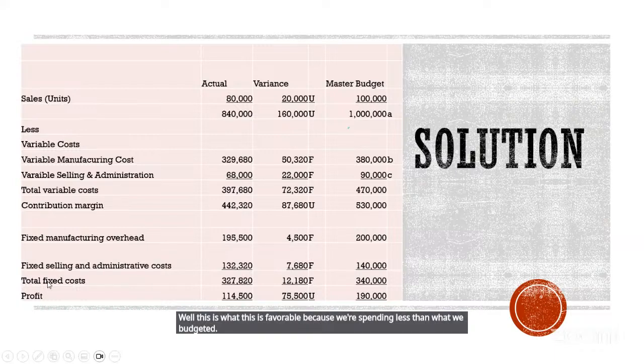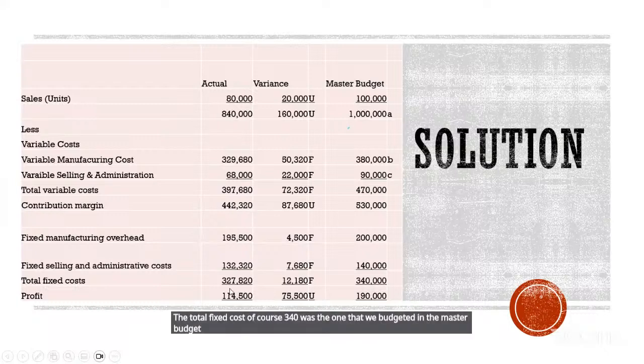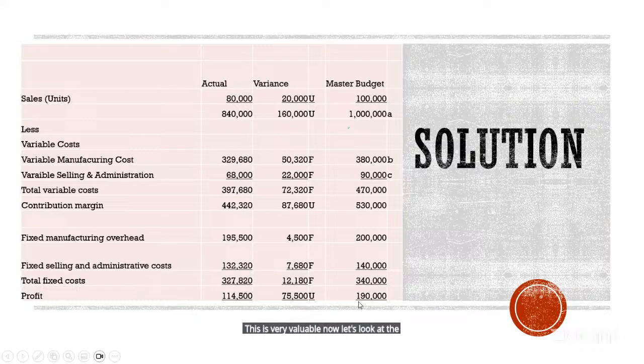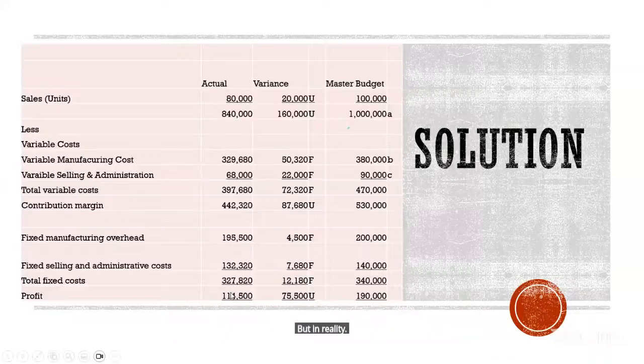Then total fixed cost: 340,000 was what we budgeted in the master budget. We ended up spending 327,820. Of course, we are saving 12,180. This is favorable. Now let's look at the profit, the last item. In our master budget, we said we're going to make a profit of 190,000. But in reality, we made 114,500.